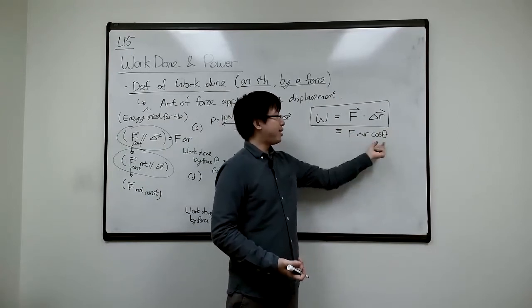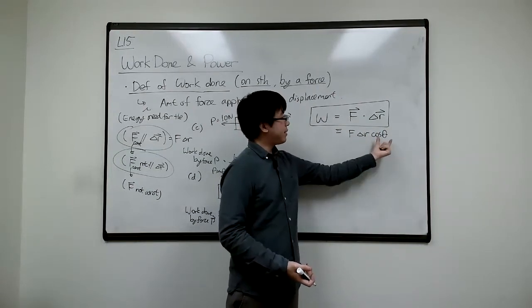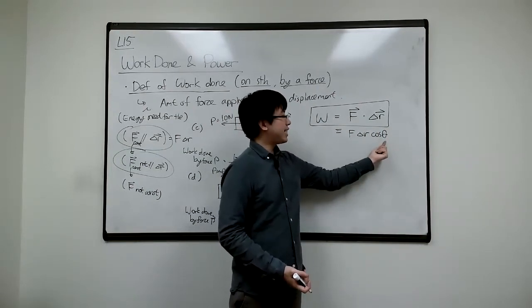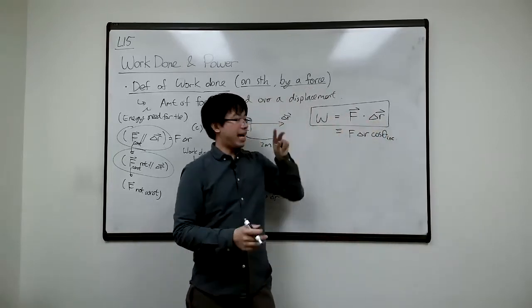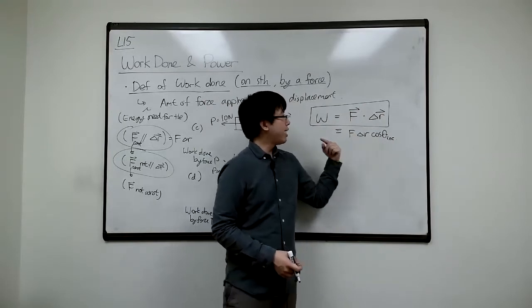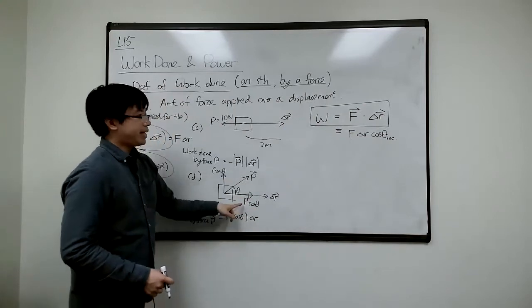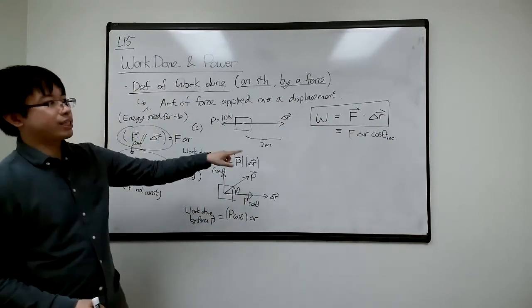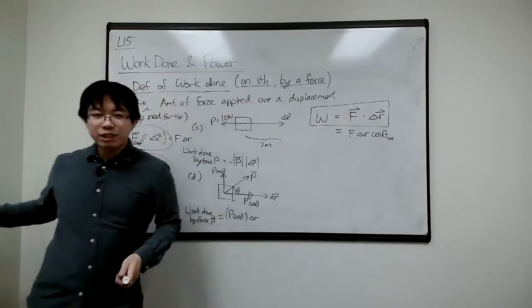If it's anti-parallel, it's minus the magnitude of F times the magnitude of the displacement. If it's perpendicular, this is 90 degrees. So this is the included angle between the force and the displacement. If they're 90 degrees, then this is going to be 0. And if it's at an angle, then basically it's the component of P, or the force, that is contributing to the displacement. Okay, if this is abstract, it is meant to be.